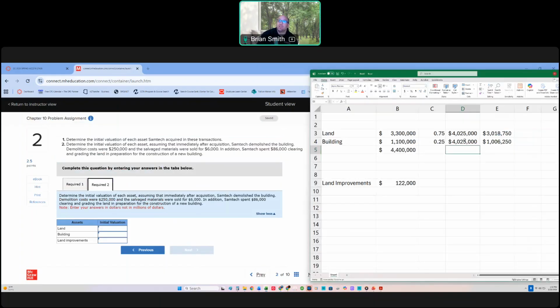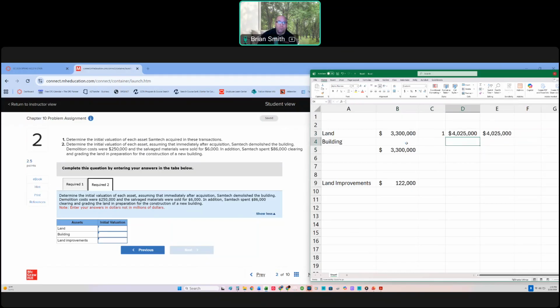Okay, so in this case, we're still valuing our total amount of 4,025,000, but this time we're not allocating any of it to the building because it's all going to be towards the land. So we're going to get rid of this altogether. Okay.